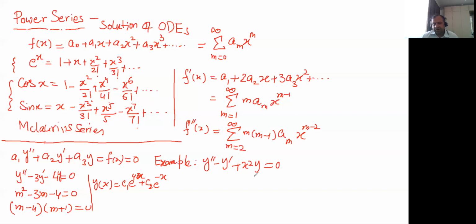Therefore, for the solution of these types of equations, we use the power series for ordinary differential equations. Without spending much more time on this introduction, I have provided more introduction in my uploaded videos, so you can look at those.